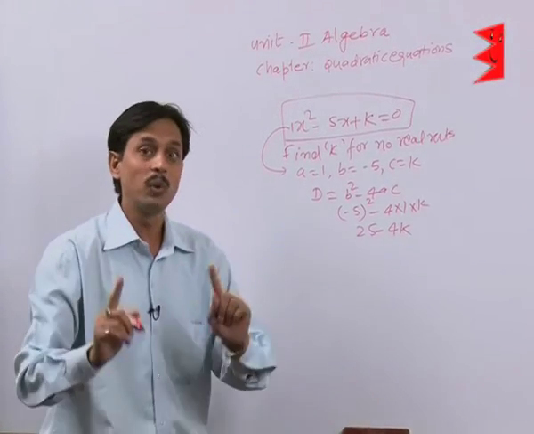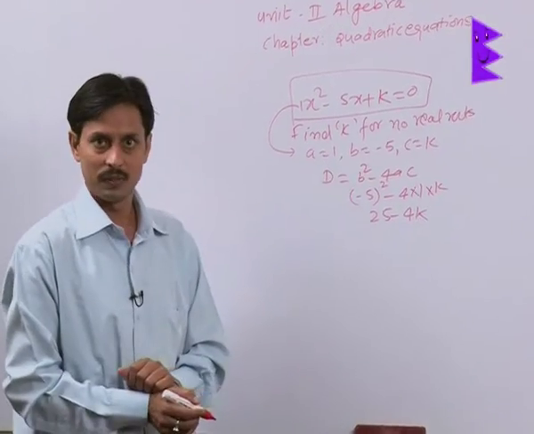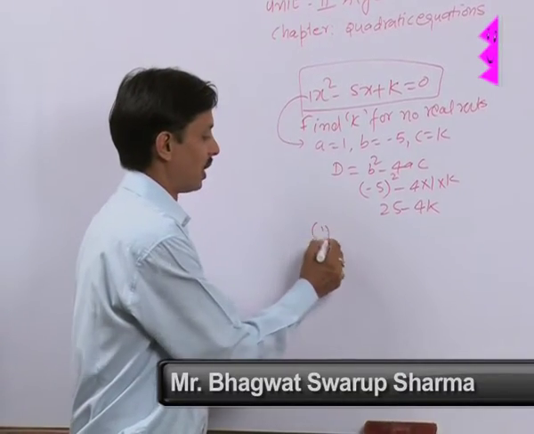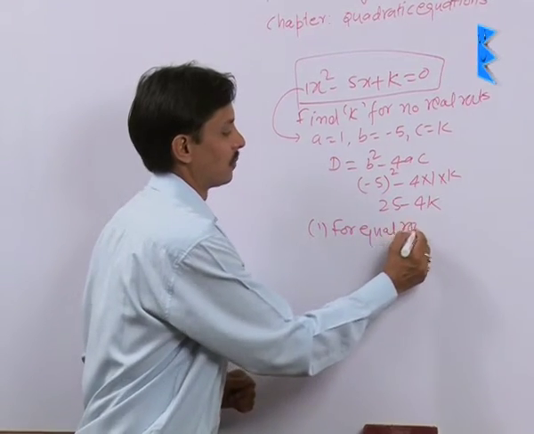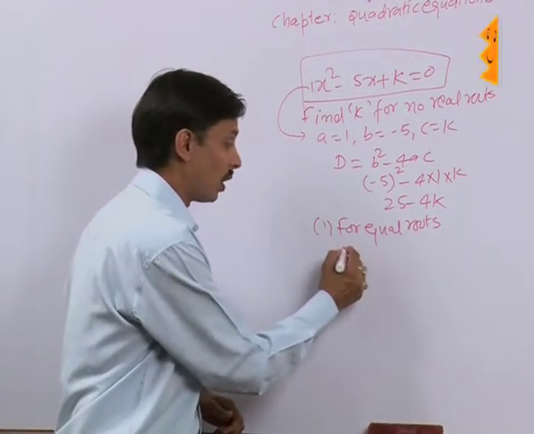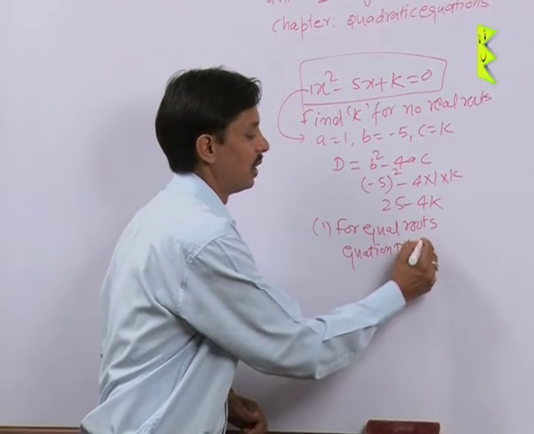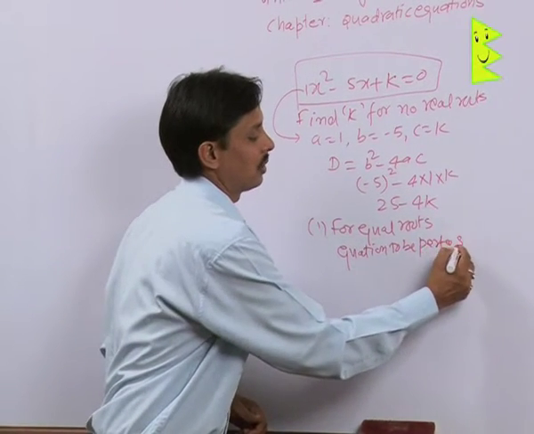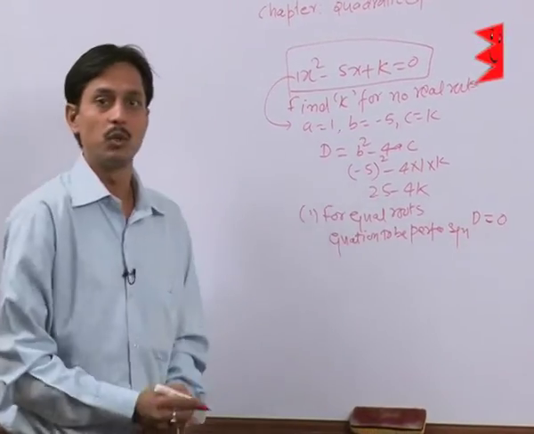Now you have to remember three conditions while solving the problems. Condition number 1 is for equal roots. Another name for equal roots is the equation being a perfect square. The condition is that the discriminant has to be equal to 0.